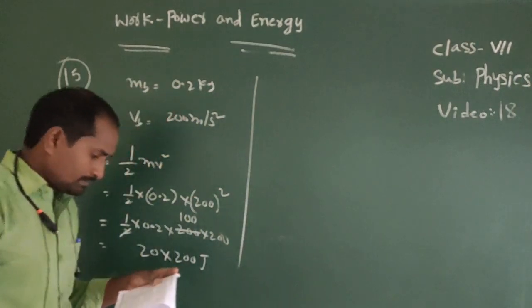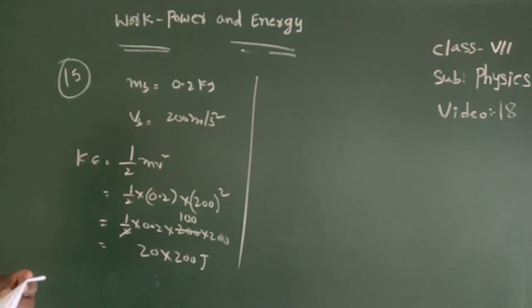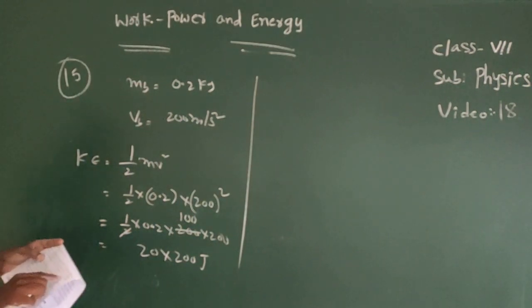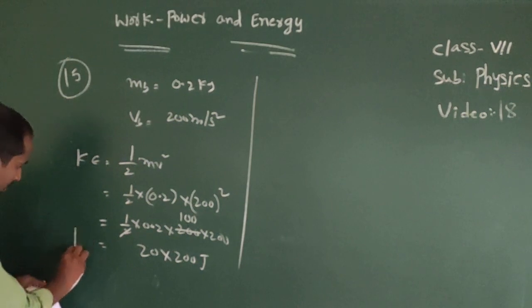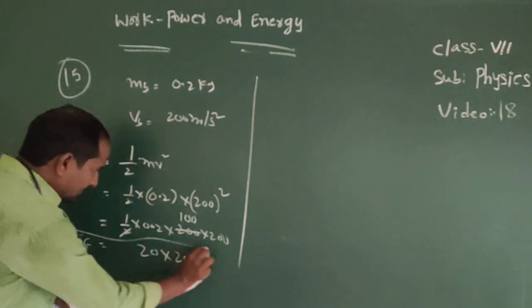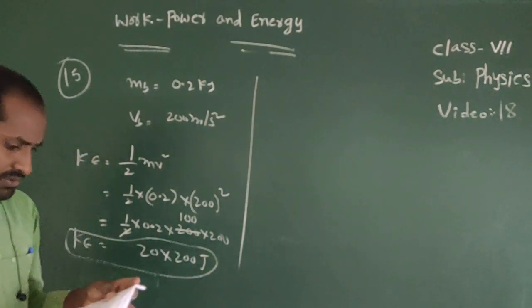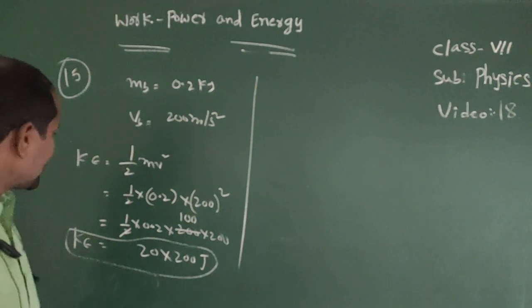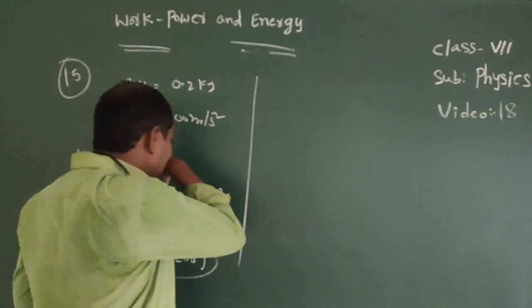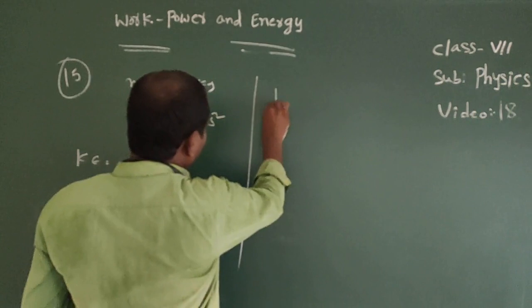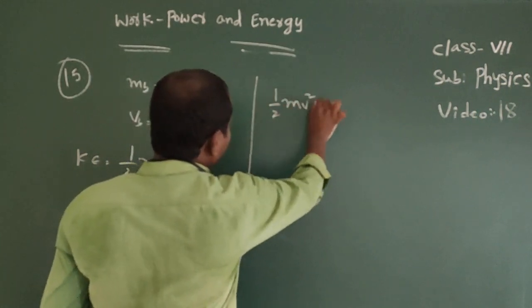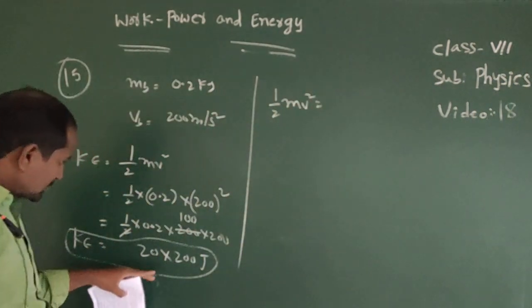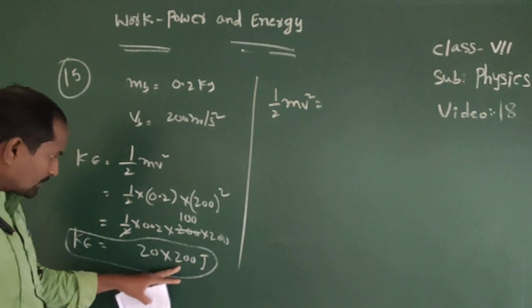Now, if all the energy is transformed into the wooden target, calculate the velocity with which the target goes in forward direction. So now this total energy is transformed into the wooden target. So half into m into v square equal to this total energy, 4000 joules.